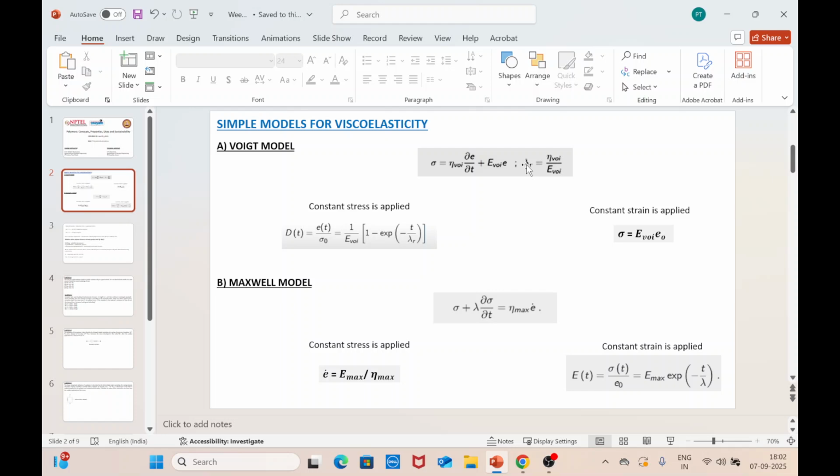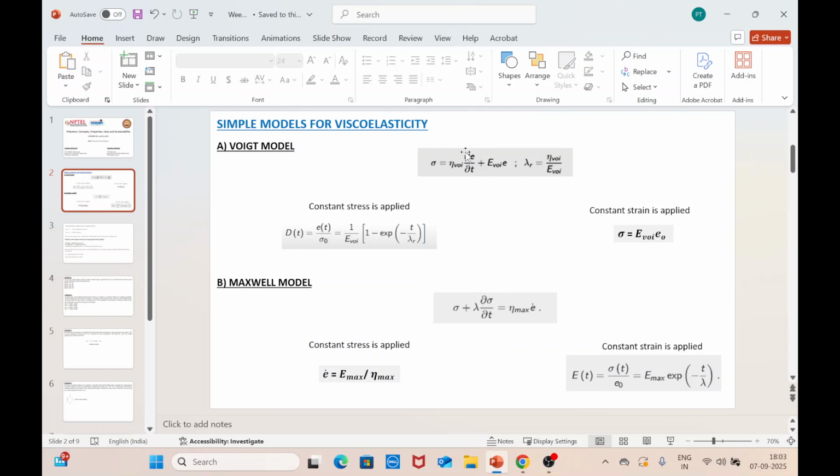That is more of an elastic-like behavior. However, if you neglect the contribution of the elastic term, then what you end up with is stress equal to eta times strain rate. That is more of a viscous-like behavior.